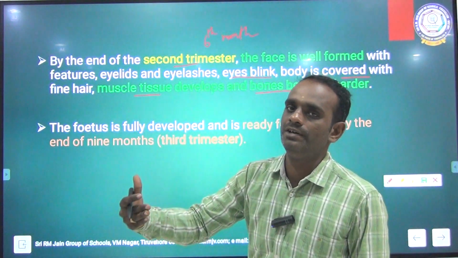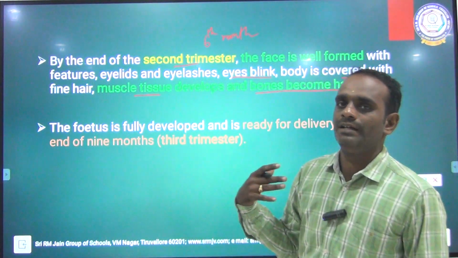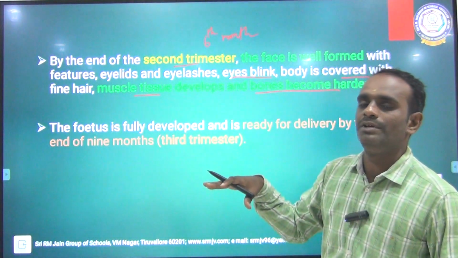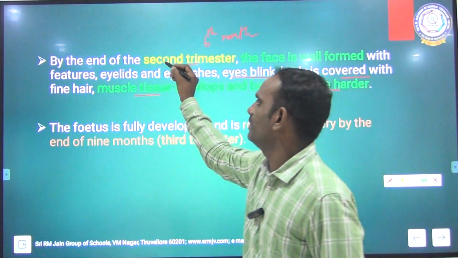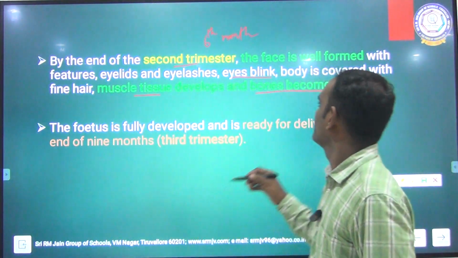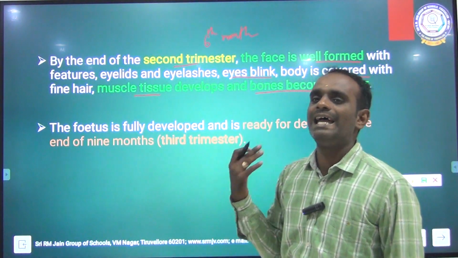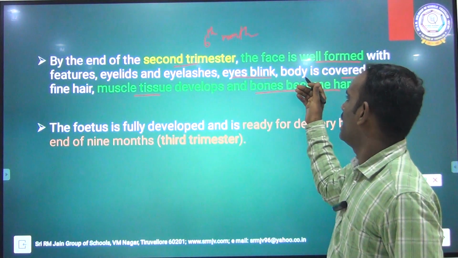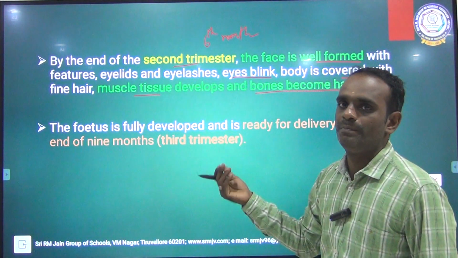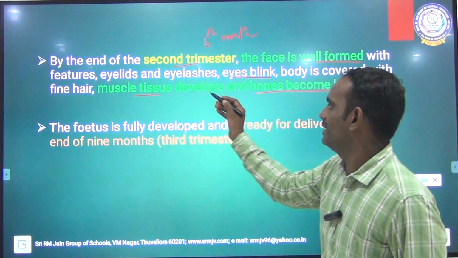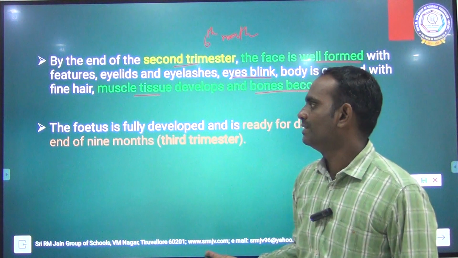At the end of the 3rd month, the heart, limbs, kidneys, all the organs are slowly formed.